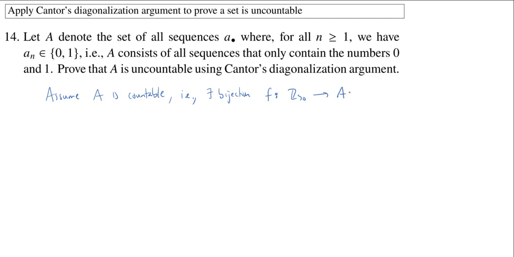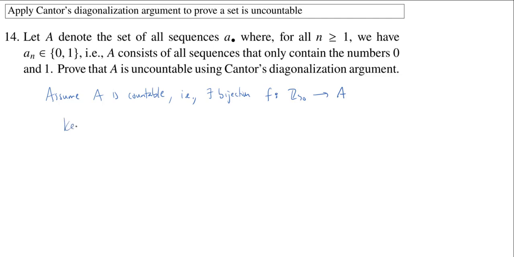All right. What I want to do is, knowing that f is a bijection, that means it is surjective, I'm going to build an element of A that is not in the image of f. Okay, that's the key idea here, right?